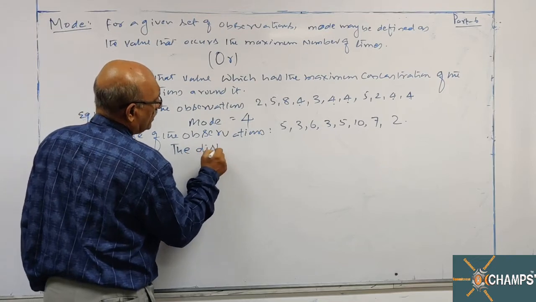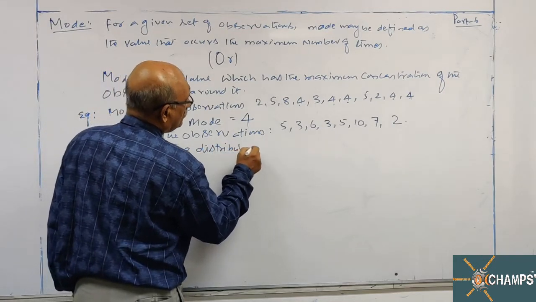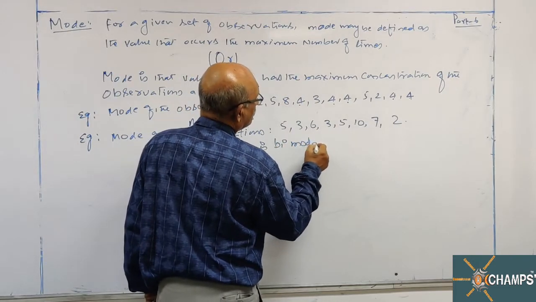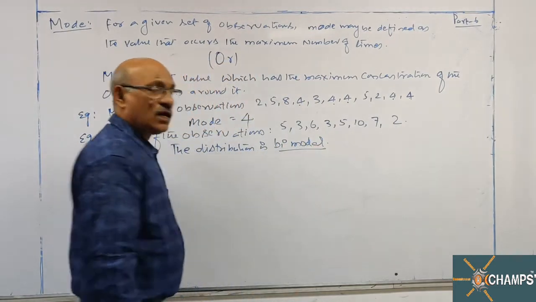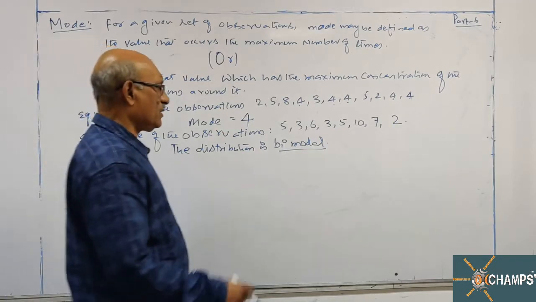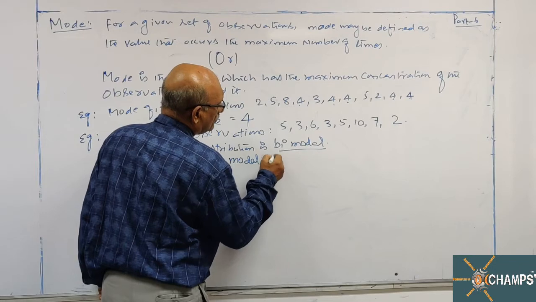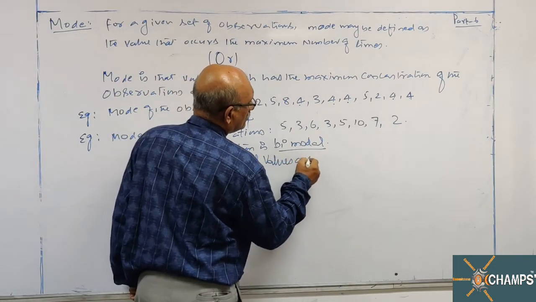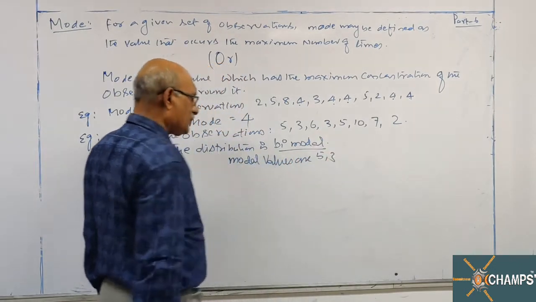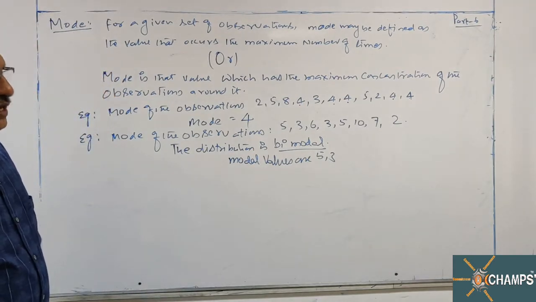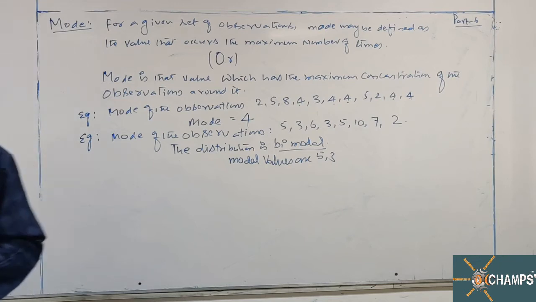The distribution is bimodal. Bimodal means there are two modes for the given distribution. Modal values are 5, 3. The distribution is bimodal and the modal values are 5, 3.